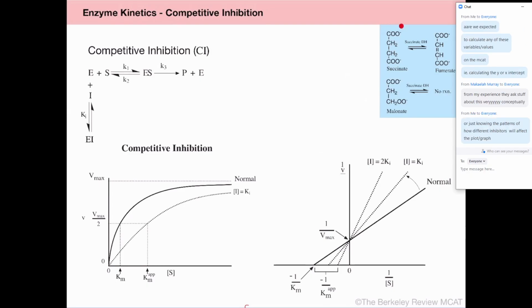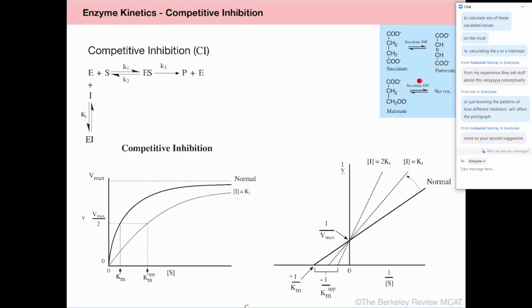So for example, look at this reaction here. You have succinate, and here's the enzyme succinate dehydrogenase, and it'll turn into fumarate. Okay. It turns out that malonate is a competitive inhibitor of succinate dehydrogenase, and will actually bind into the active site, but you'll get no reaction.